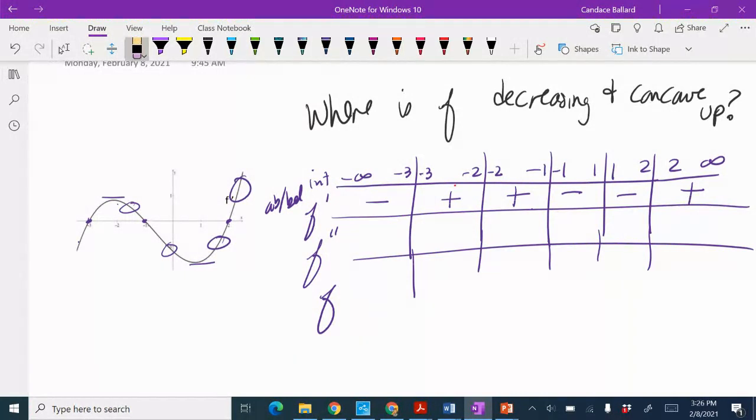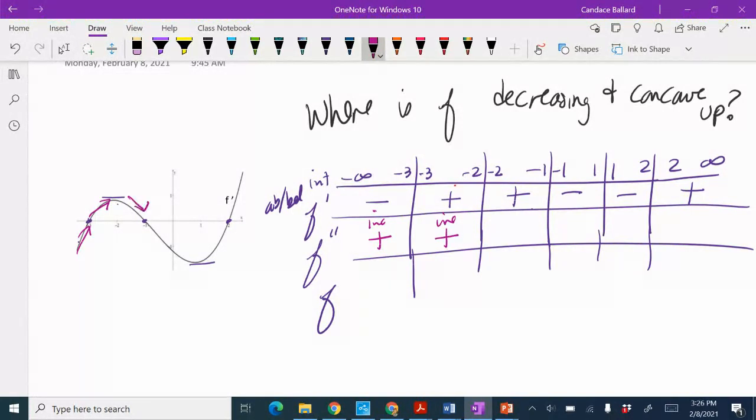Now I need to look at whether I am increasing or decreasing. So I notice between -infinity and -3, I am going up. So I'm increasing, which means my second derivative is positive. Between -3 and -2, I'm still increasing, which means my second derivative is still positive.